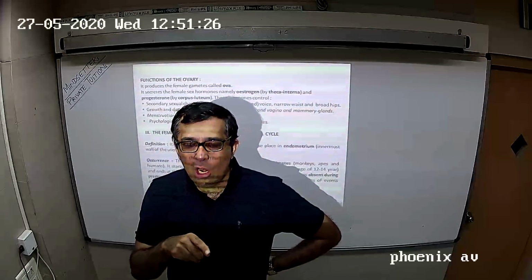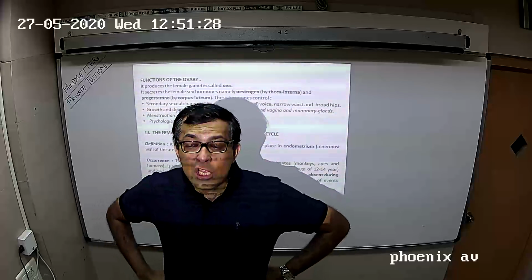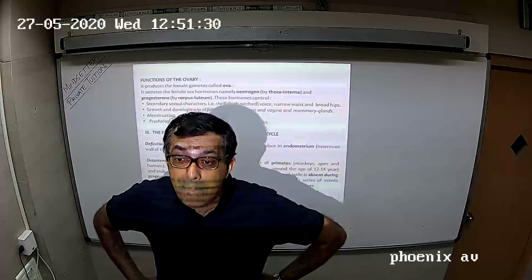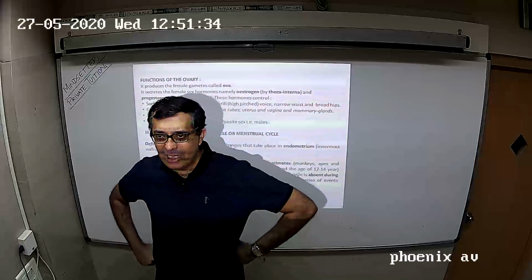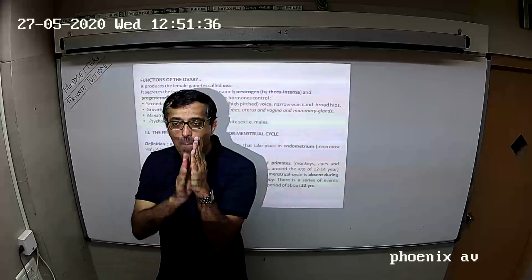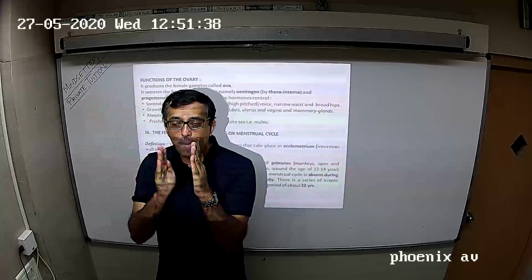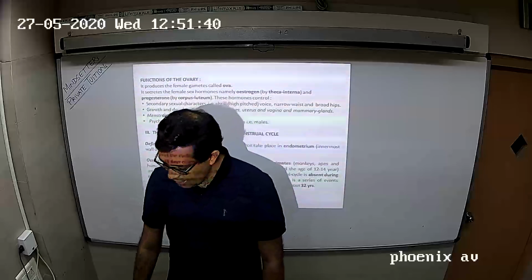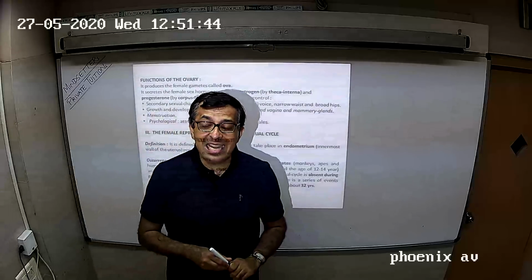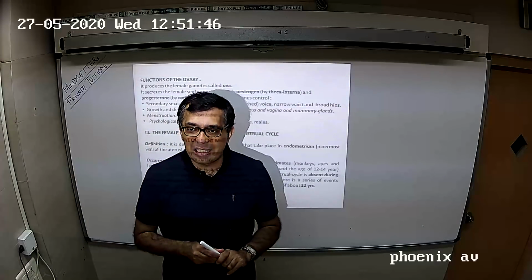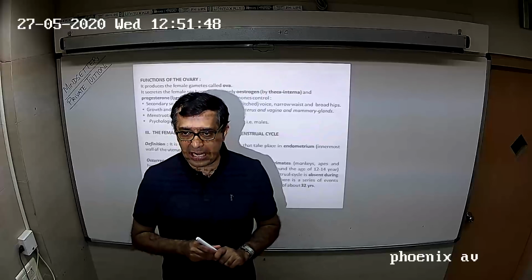This cycle of 4 changes is called the menstrual cycle. So this is called the menstrual cycle. Burst, repair, ovulation, prepare, 4 changes taking place in the endometrium every 28 days is called the menstrual cycle.